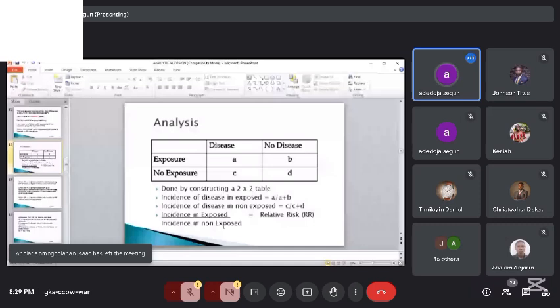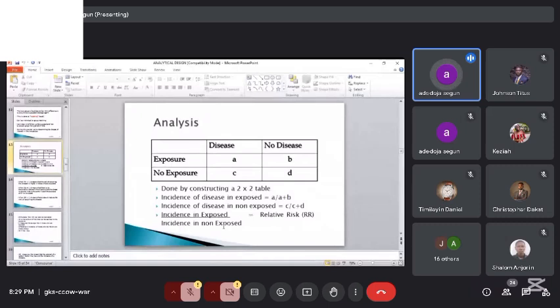If you look at the table I have here, for exposure and no exposure, disease and no disease: in the exposure, we have A for disease, and also for the no disease aspect, that's B, which shows that for people that are exposed, some of them will still come down with disease. That's A. Some will still not come down with disease, even though they are having unprotected sex. Then for no exposure, they don't have unprotected sex, but some of them will still come down with disease.